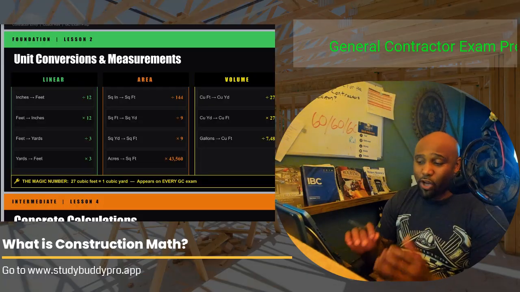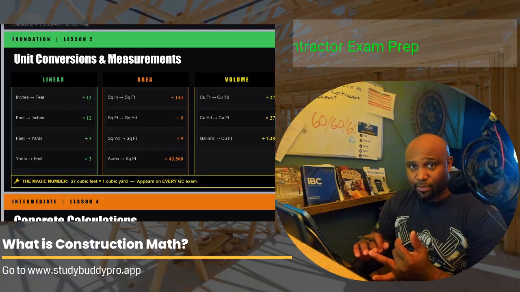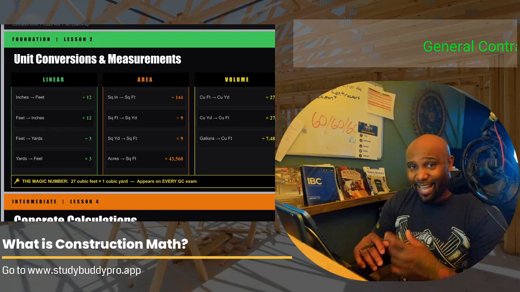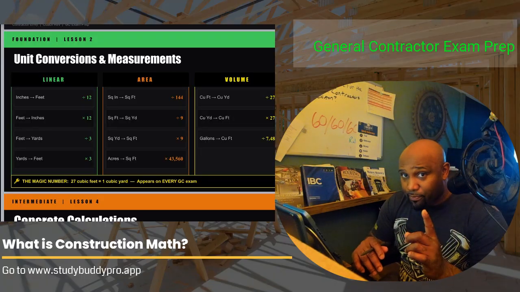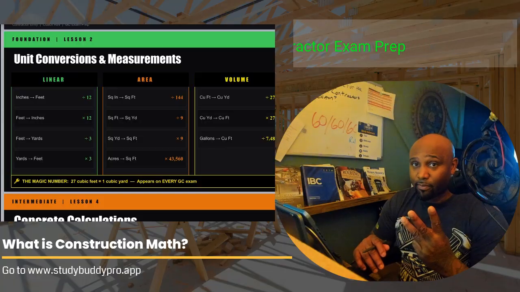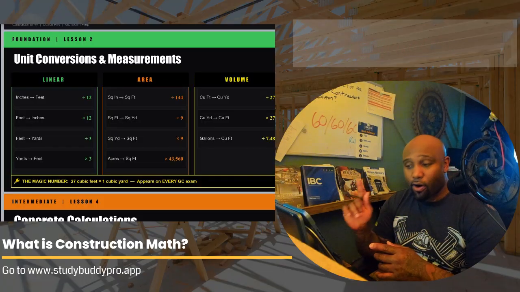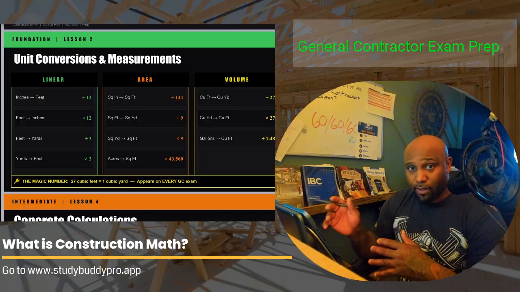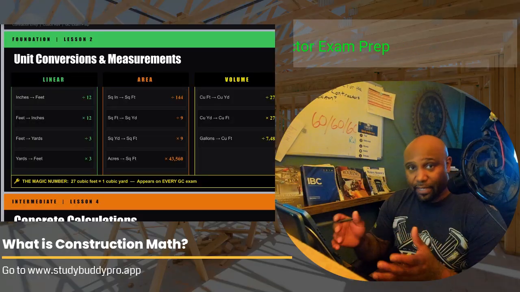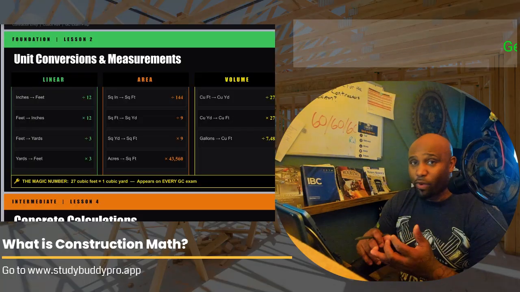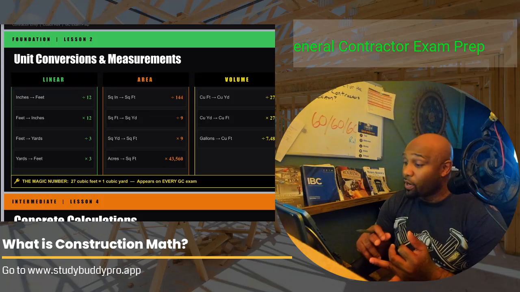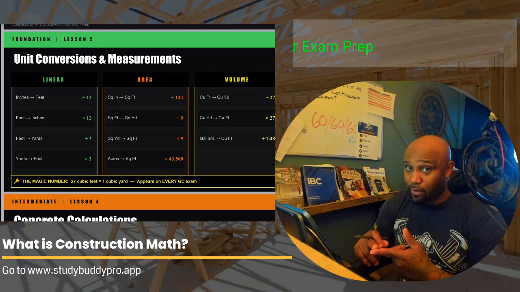Or we're talking feet, inches, and yards. And what you must understand is 3 feet actually equals 1 yard. Okay? So inches, feet, and yards. Then we got area. Area is square inches, square feet, square yards.